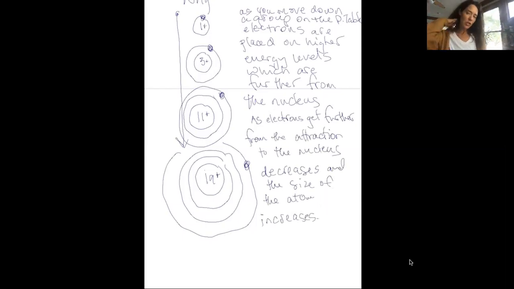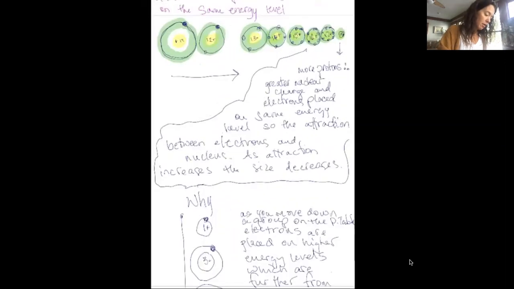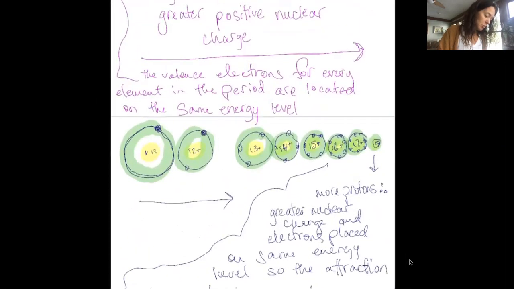So it's not sufficient to say it's got more protons, because that argument can fail. And it's not sufficient to say, well, it's lower down. If the question is why, it's not because it's lower down. Let's include atomic structure here. That satisfies our atomic radius. We get smaller as we go across because we have a greater nuclear charge and the electrons are placed on the same energy level.